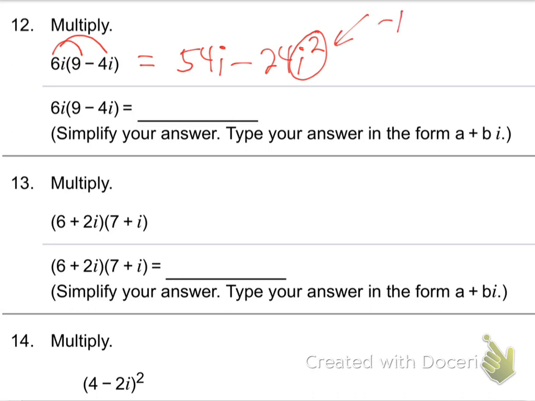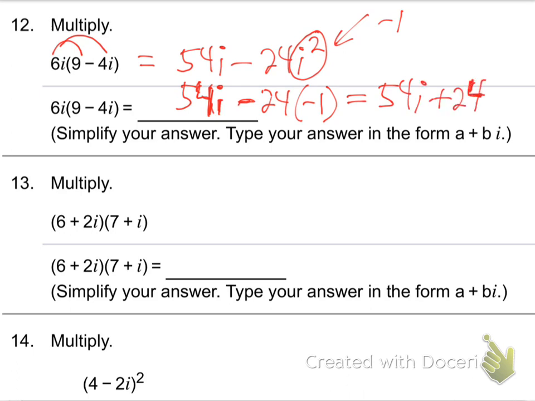We leave the i, the 54i, that'll just stay 54i. Right? We leave i as i, but i squared, we replace it with negative 1. And so what does that equal? 54i plus 24, isn't it? Negative times negative is positive, and there's our answer.